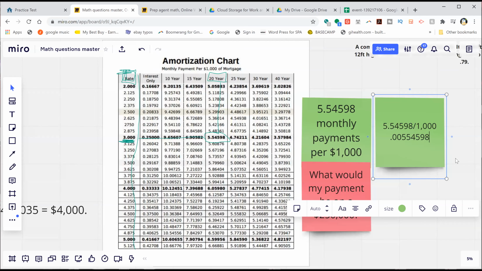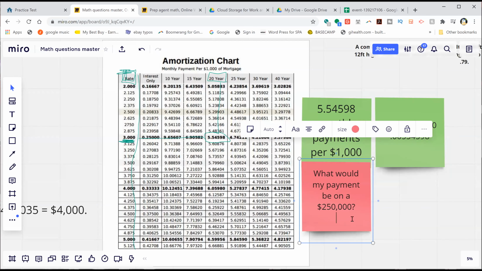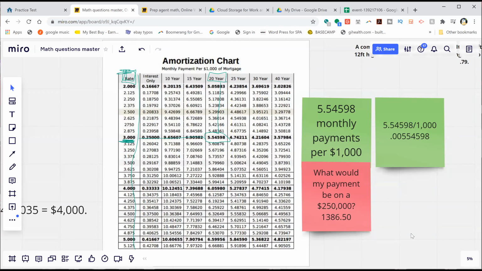If you multiply that by the loan amount times 0.00554598, you would get your monthly payments of $1,386.50. Do you guys see how I did that and what I did to get there?